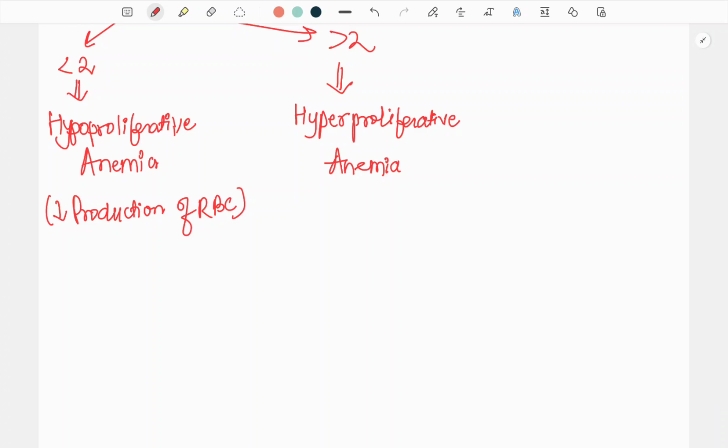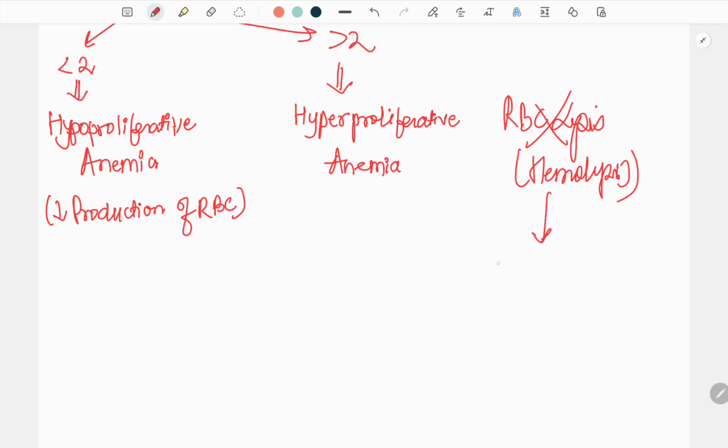Why is there increase in production? Because there is RBC lysis, known as hemolysis. There's lysis of RBC, and this will cause a positive feedback via your erythropoietin.